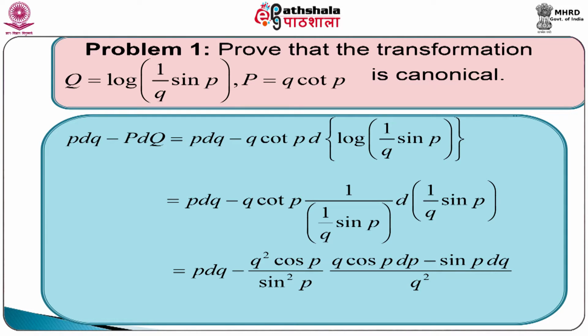After taking the derivative, we get (q cos p dp minus sin p dq) divided by q square, which has been written in the right hand side of the second term, and we finally get p dq minus P dQ equal to p dq minus q square cos p divided by sin square p into (q cos p dp minus sin p dq) divided by q square.